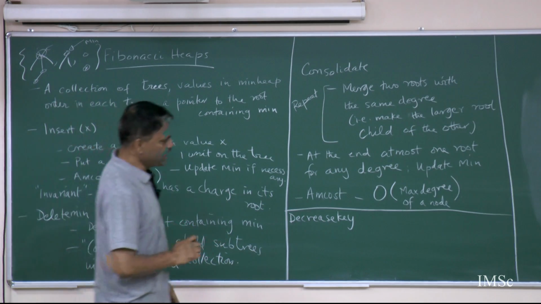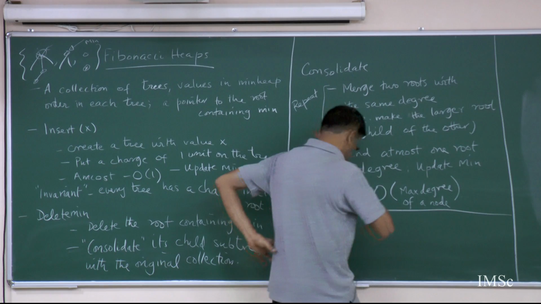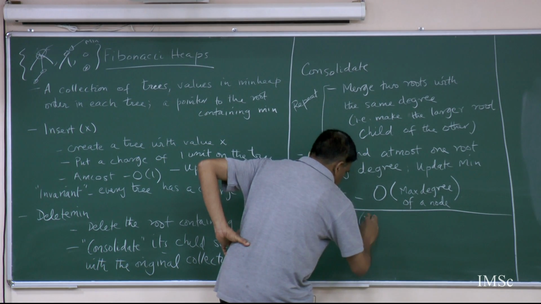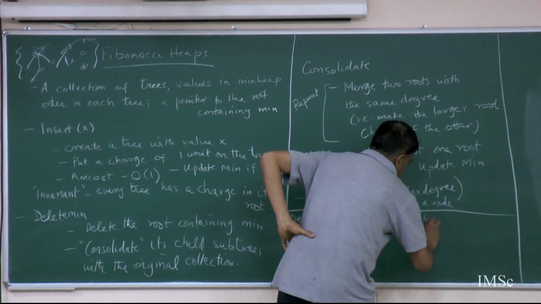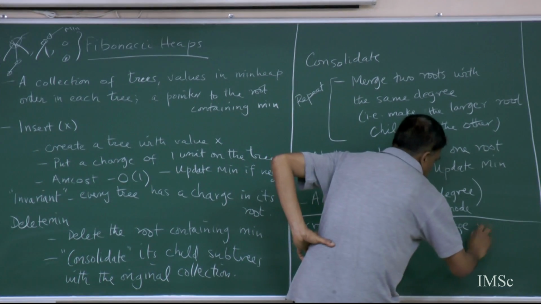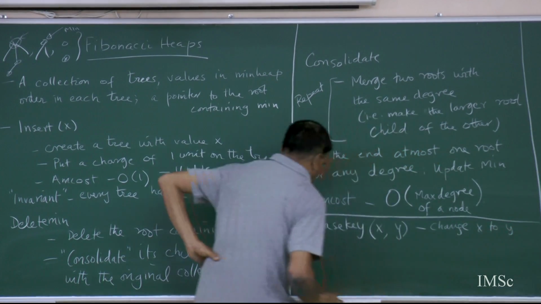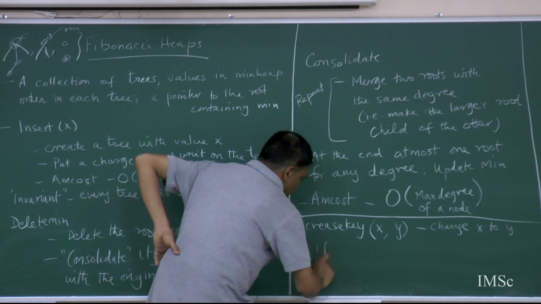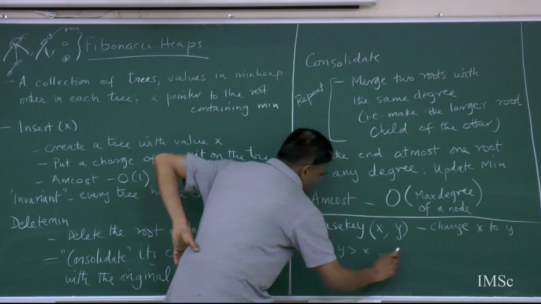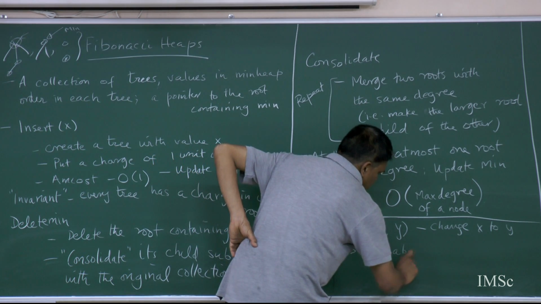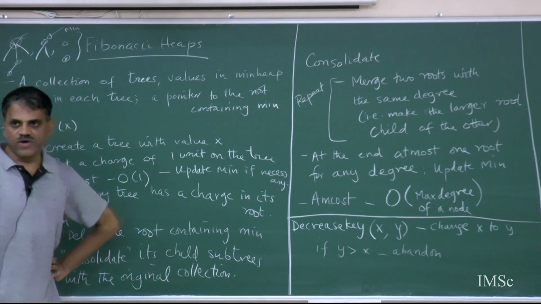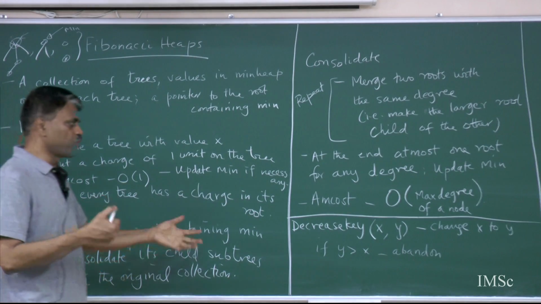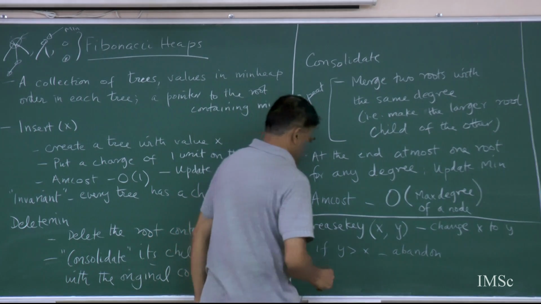And the decrease key operation does the following. What is the decrease key operation? I want to change some x to y. If y is more than x, then something is wrong, because I'm allowed to only decrease the value, so just don't do anything.